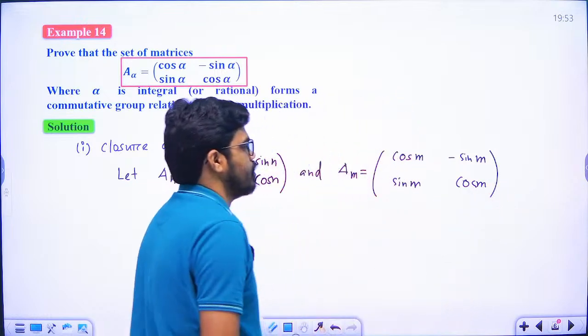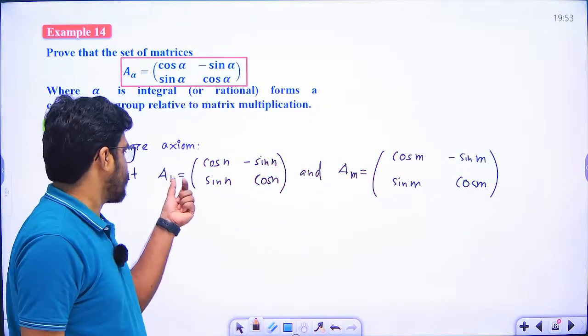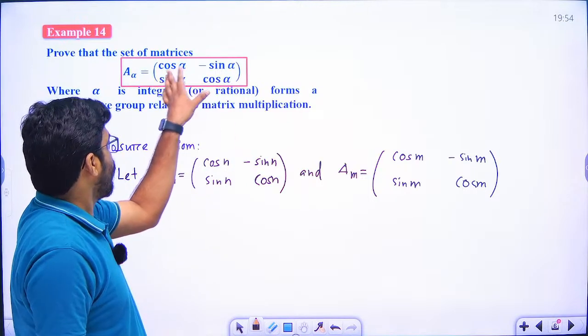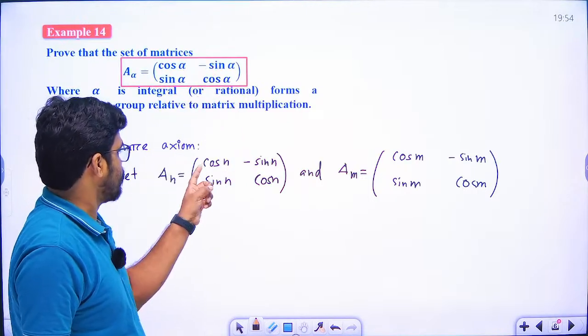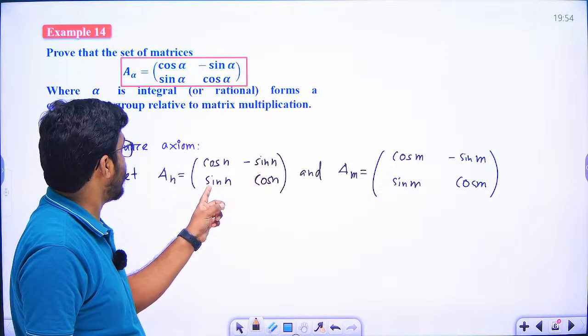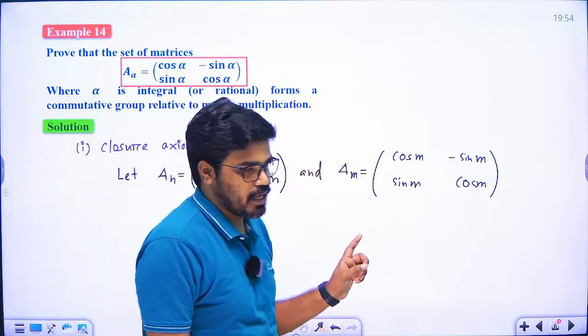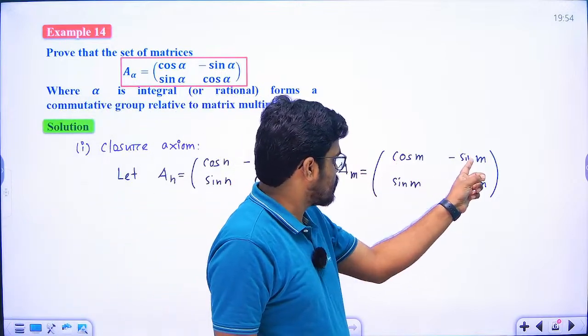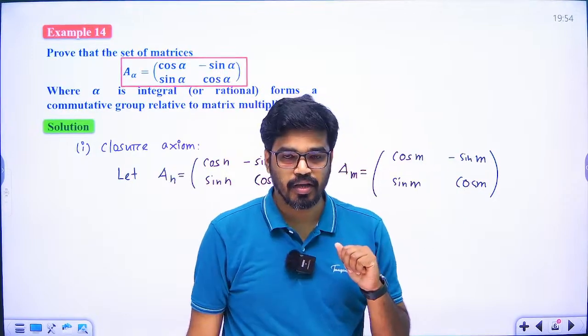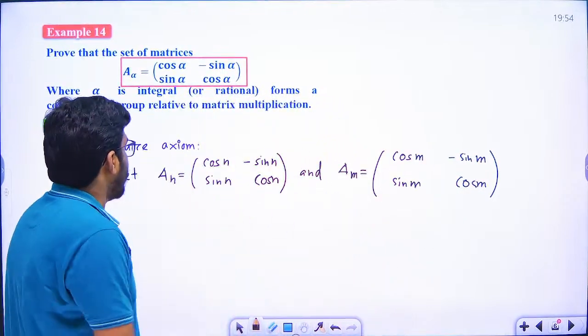We consider two matrices of the form cos alpha, minus sin alpha, sin alpha, cos alpha. Just say cos n, minus sin n, sin n, cos n. Now what is A m? A m is cos m, minus sin m, sin m, cos m. So matrix multiplication, right?